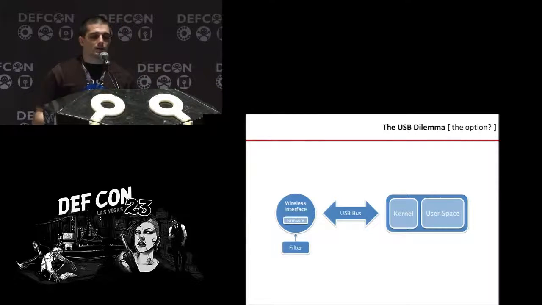Some time ago, we gave a talk about modifying the Broadcom wireless drivers to put them in monitor mode, and it was only two chipsets, and we had to do a lot of work. Every time an update came out in iOS, we had to reverse the code again. It was really hard work, so it doesn't scale well.